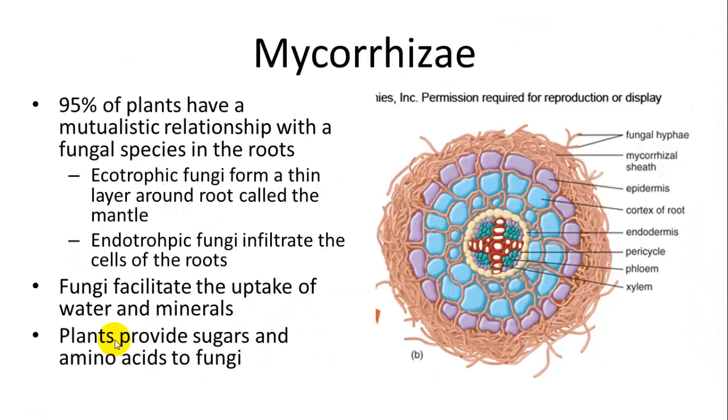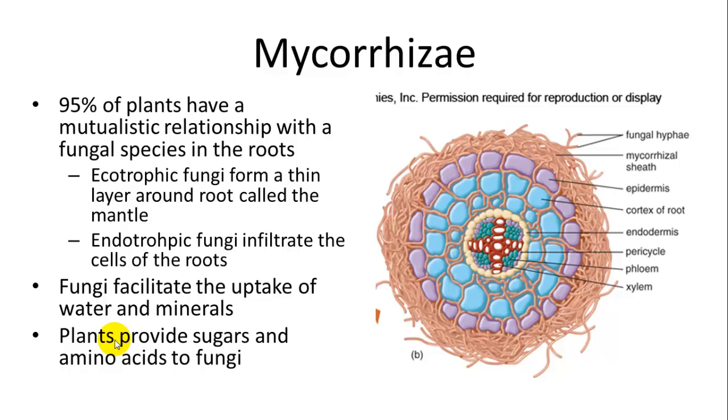You should have learned about mycorrhizae in general biology, but these are species of fungus that are in a mutualistic relationship with plants. What they do is they basically extend the roots so that they can get more water and nutrients, and then in return the plant provides sugars and nucleic acids for the fungus.